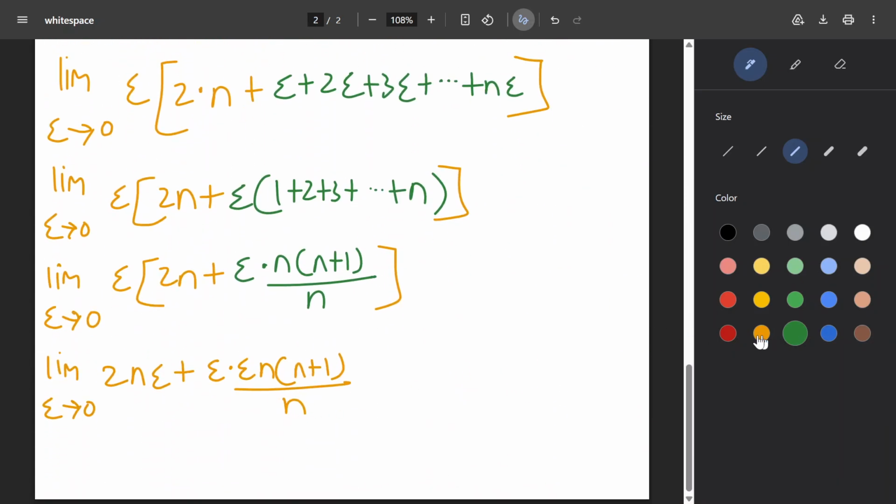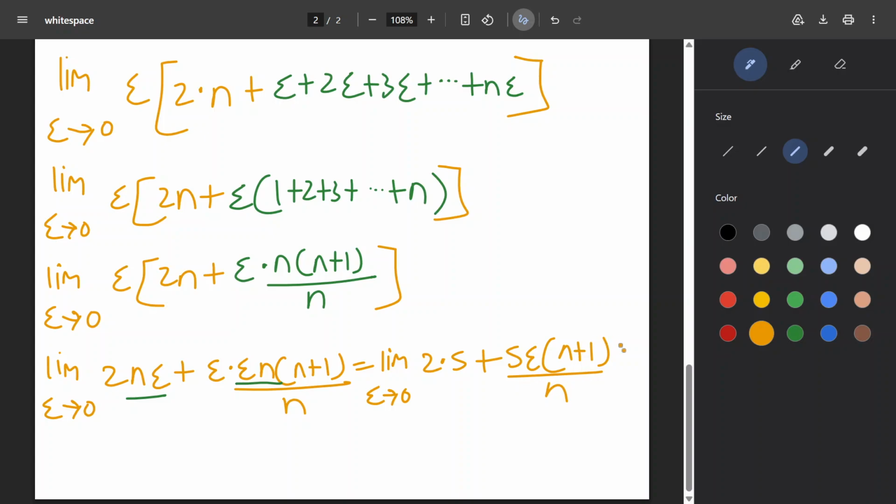So we know that this becomes limit as epsilon approaches 0 of 2 times 5 plus, oh look, I have another n epsilon right here. So this is 5 epsilon. We'll say 5 epsilon times n plus 1 over n, running out of space here.